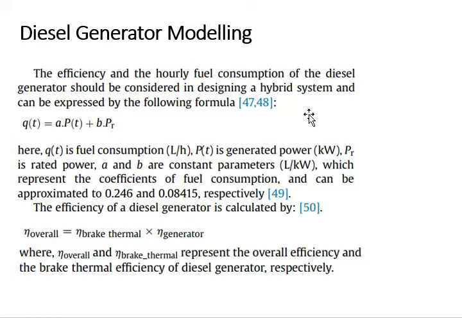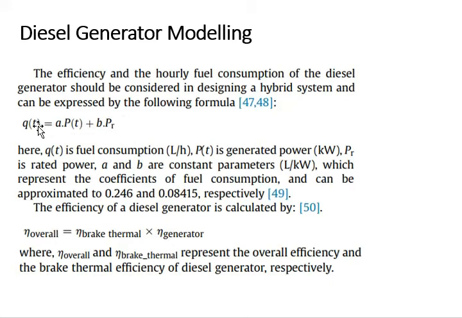First calculating the total fuel consumption, and then we will calculate the cost of that DG. The output of this DG is simply the rated power multiplied by some efficiency of that diesel generator.